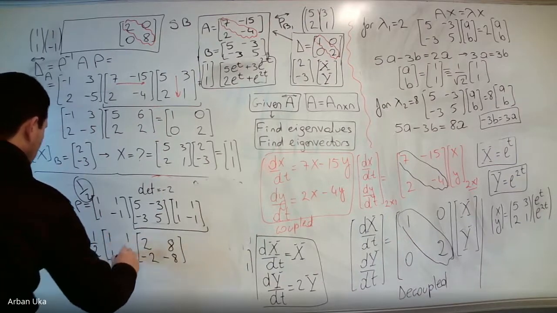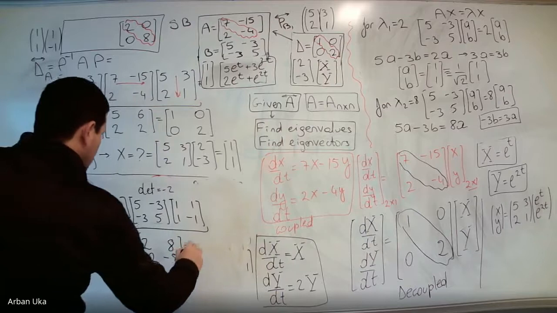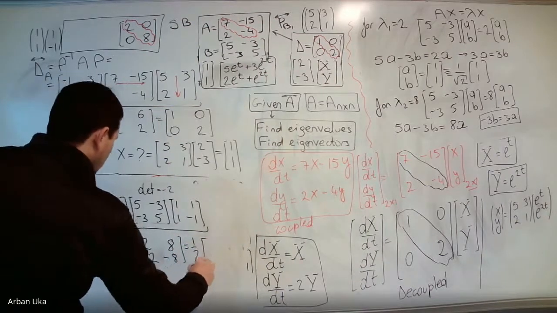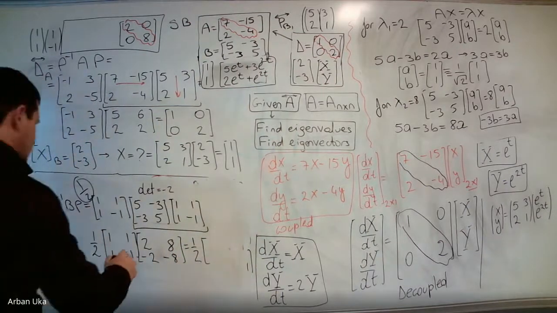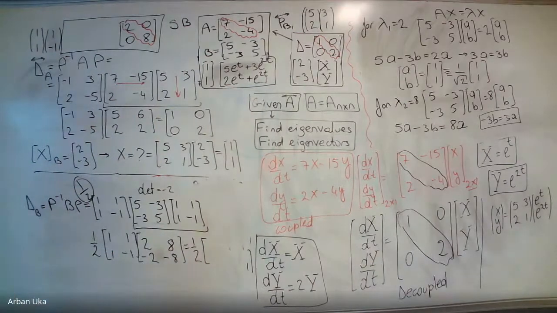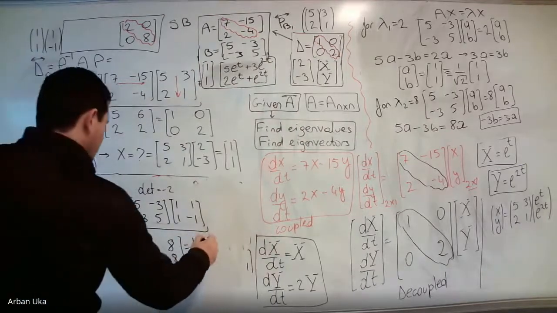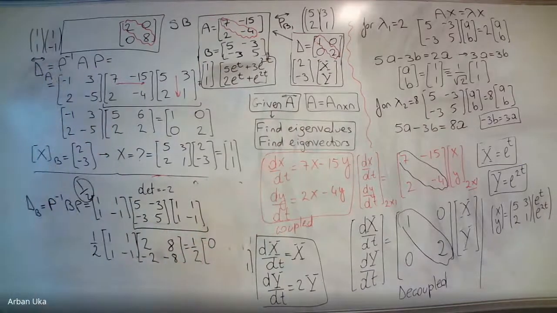[1, 1; 1, -1], and this is equal to 1 over 2. This is 2. What is this? This is 2 minus 2. We get 0. So we made a mistake somewhere, apparently. Wait, this is 1 over 2.